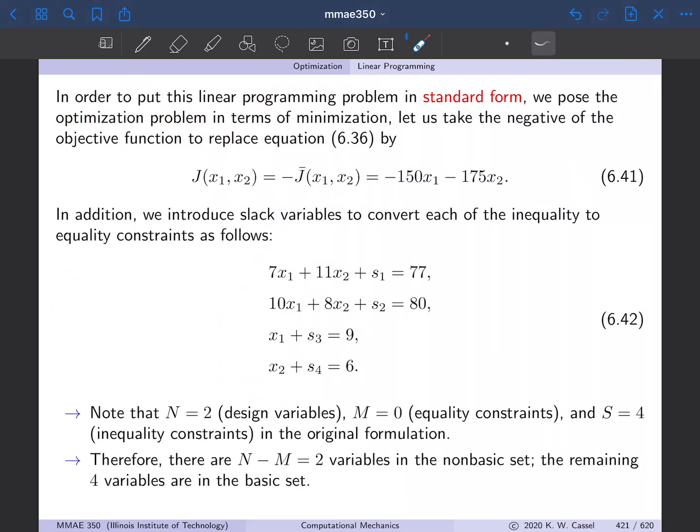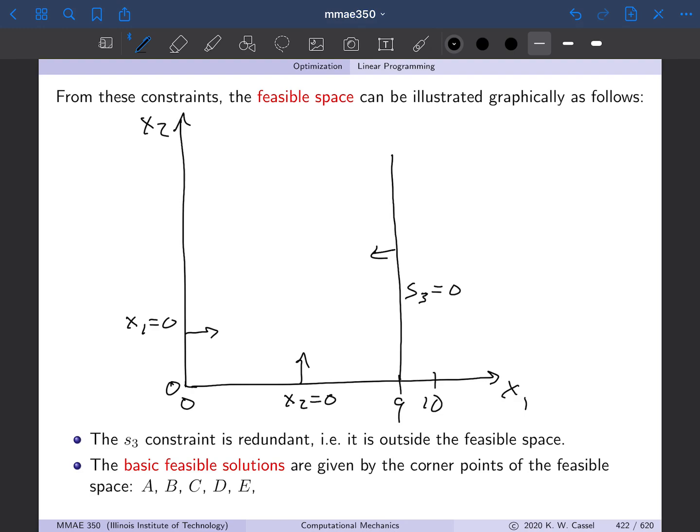Similarly, the last one, x2 plus s4 has to be equal to 6. So let's make this 5, and then 10, and then we're going to need 11, but less than 6. So right here, say.